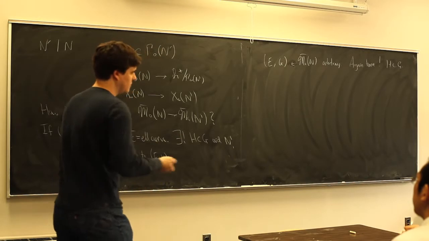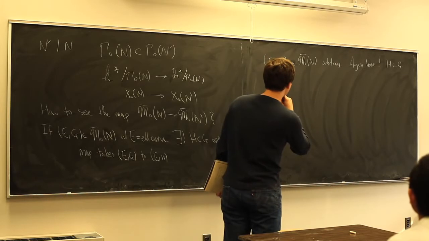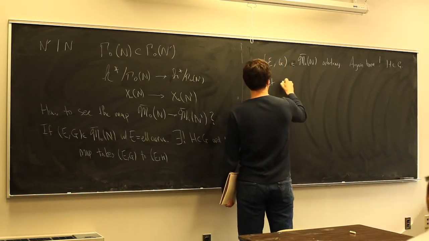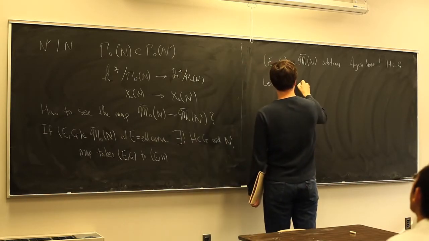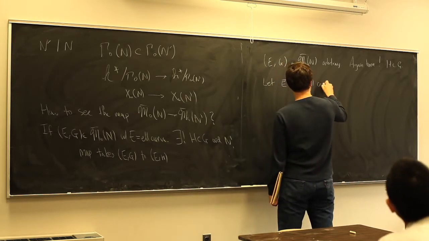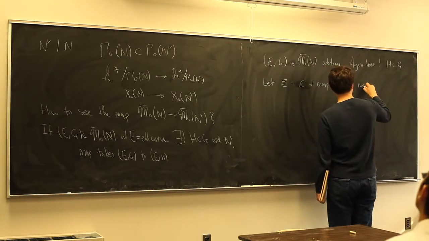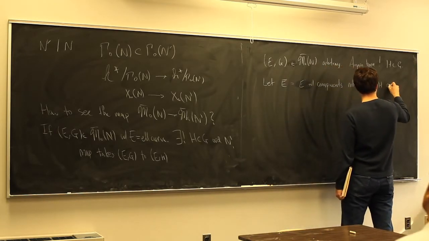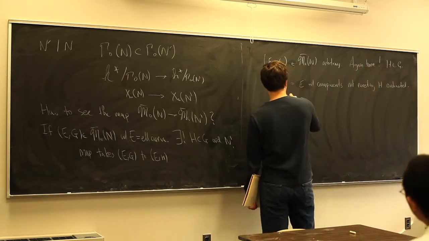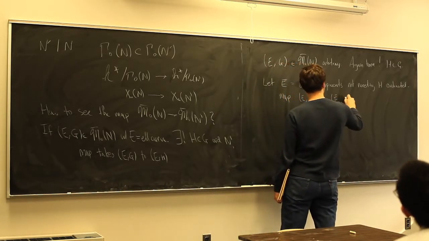And a nice way to actually do this contraction algebraically, okay, let me say, let E bar be the contraction, so E with components contracted that don't meet H. So the map takes EG to E bar and the image of H.